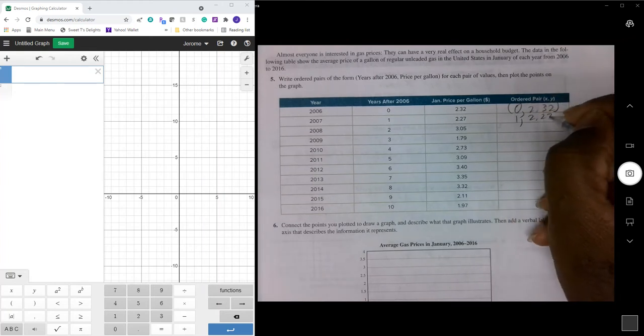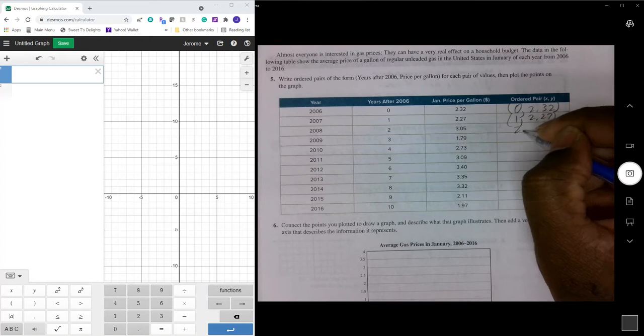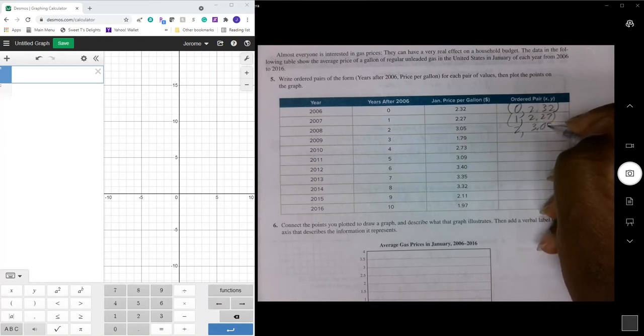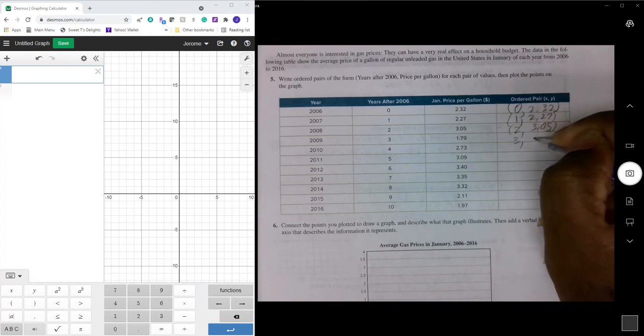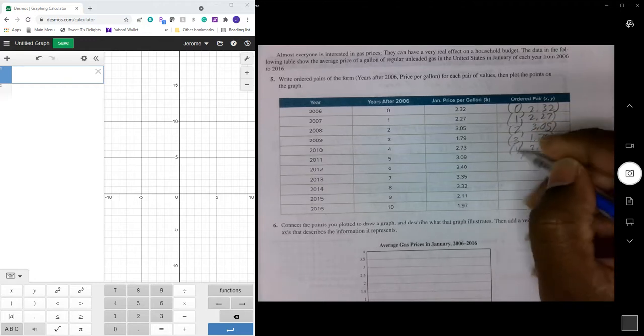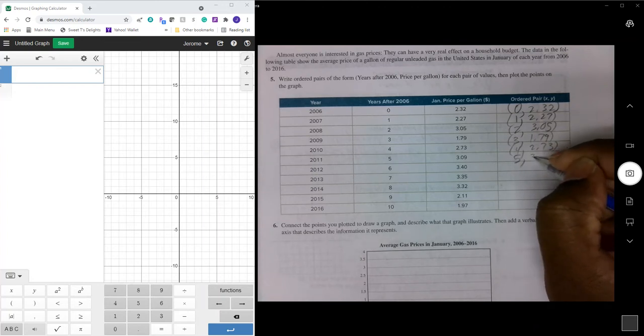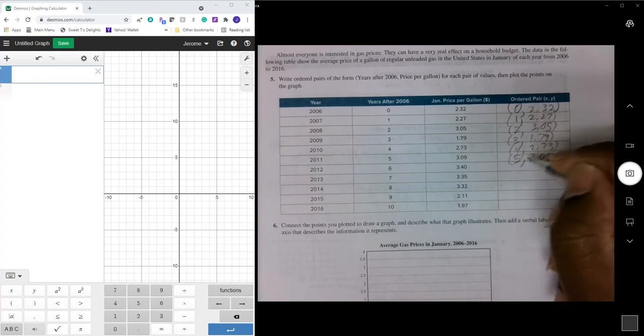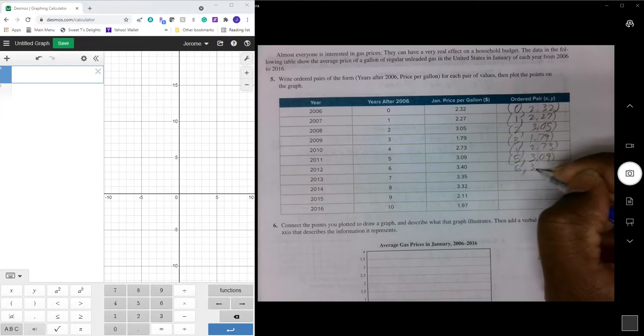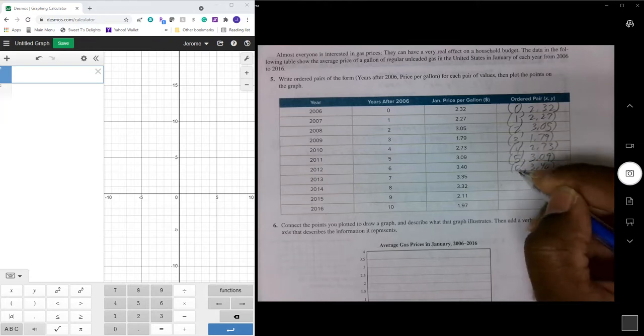So now we would do this for all of these. So these are your X and Y values. And the reason why I'm not writing the dollar sign with the cost of the gasoline is because it's already assumed to be in dollars. So we don't have to write the dollar sign.